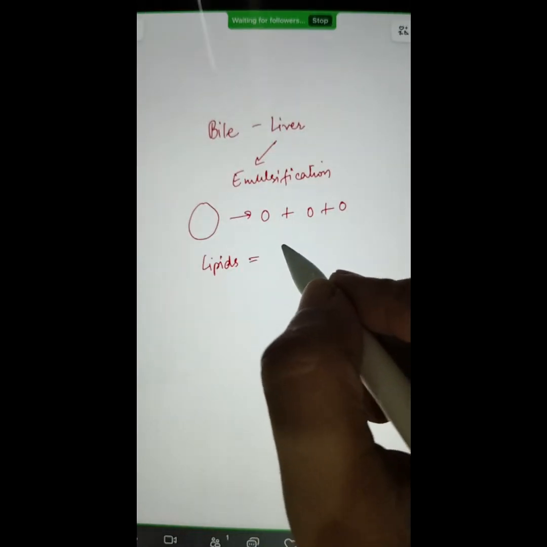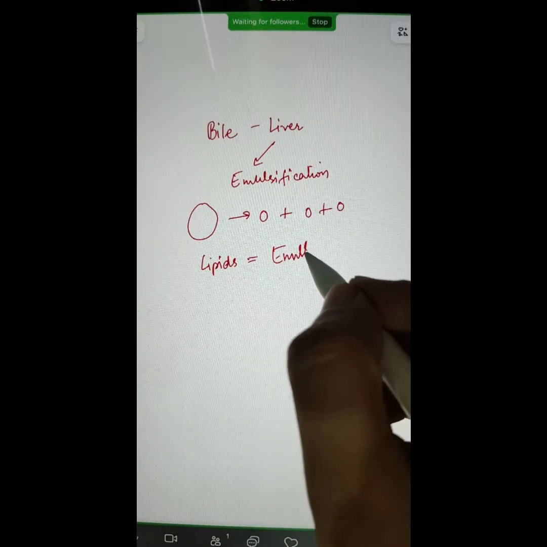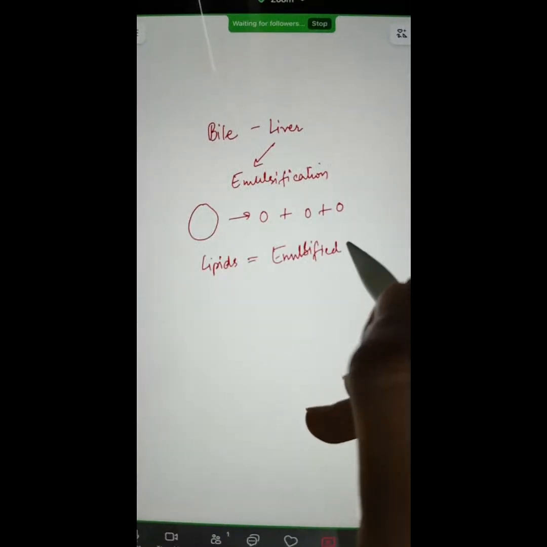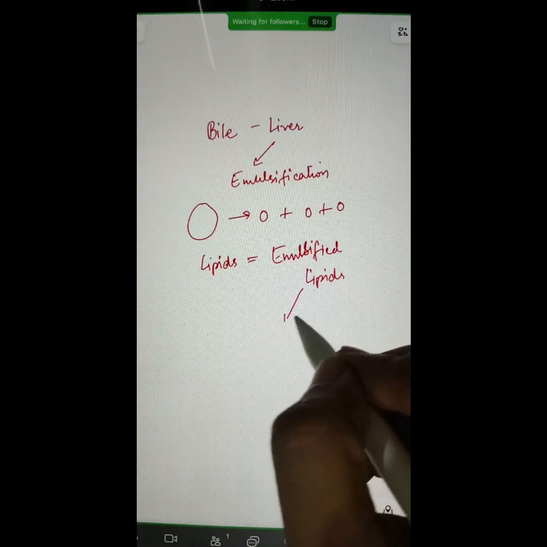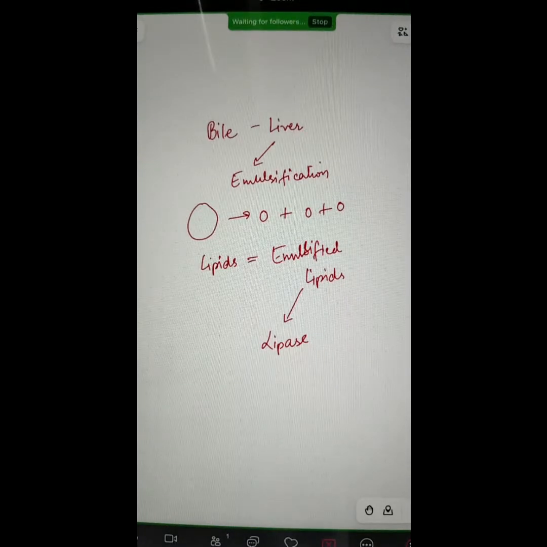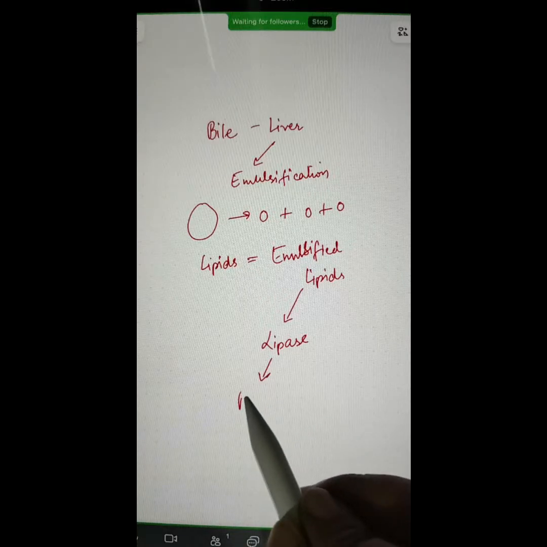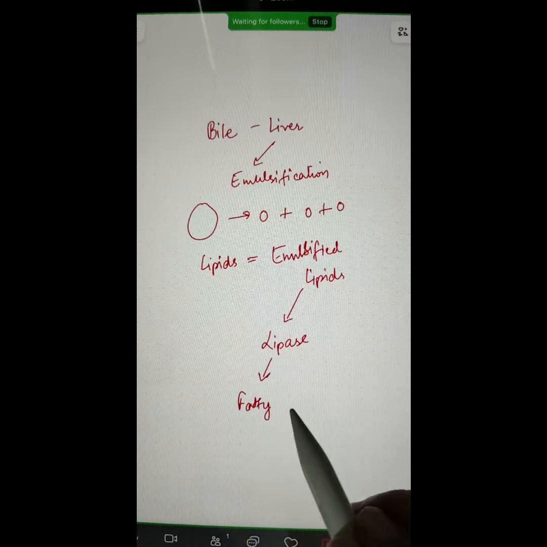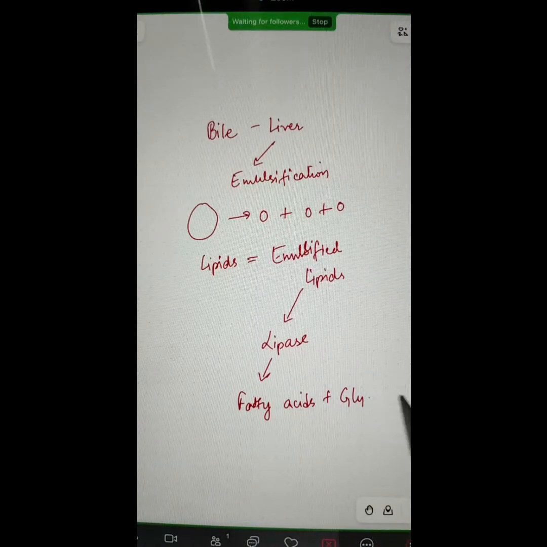That is why we call them emulsified lipids. Once the lipids are emulsified, now lipase will act upon them, because the substrate for lipase is emulsified lipids. So lipase will be converting lipids into fatty acids and glycerol, right?